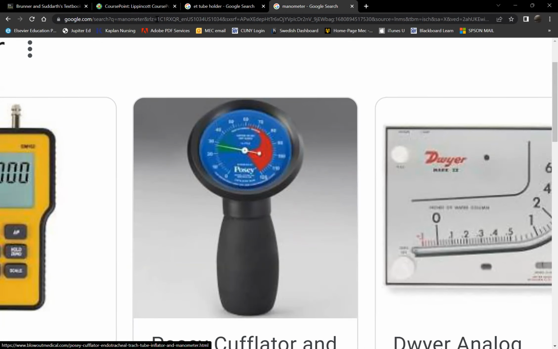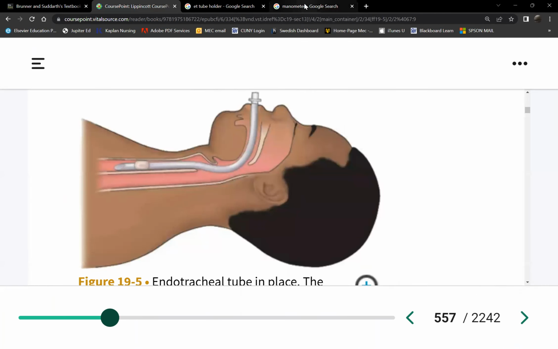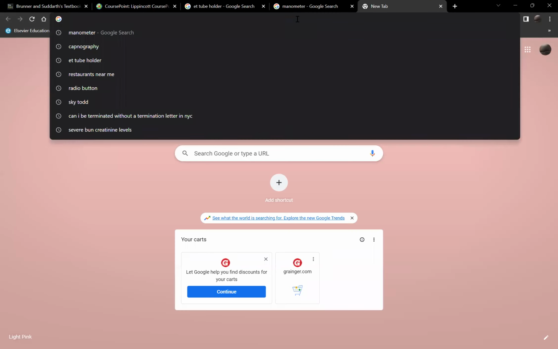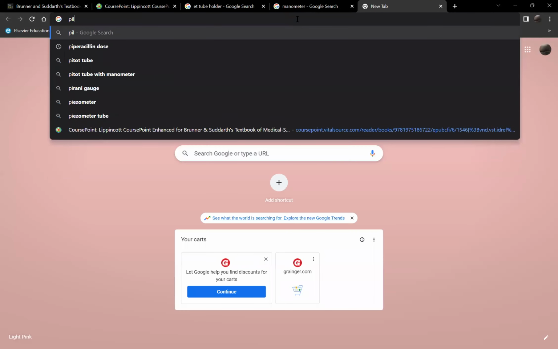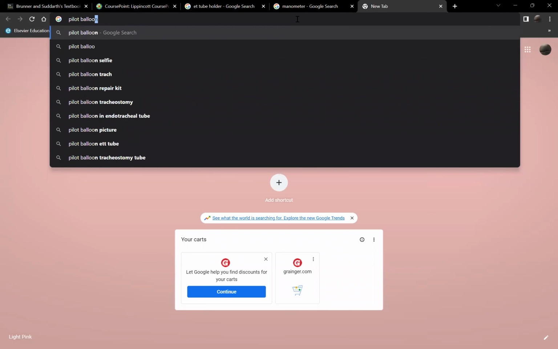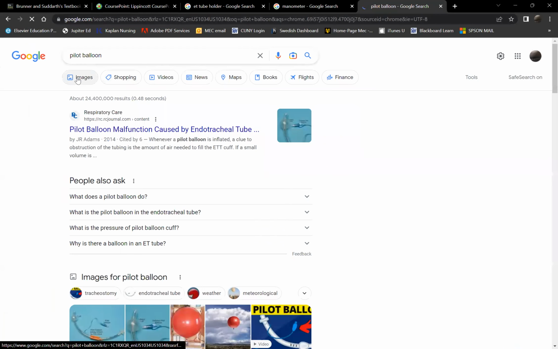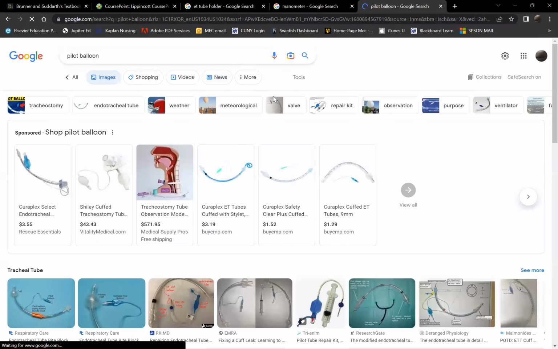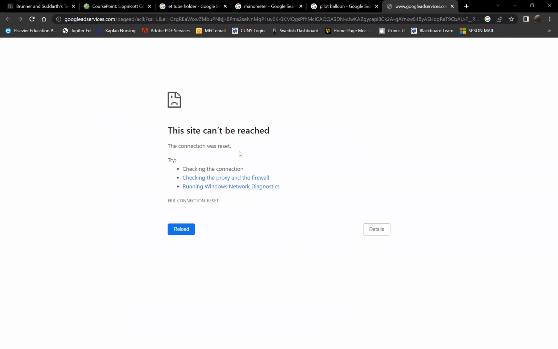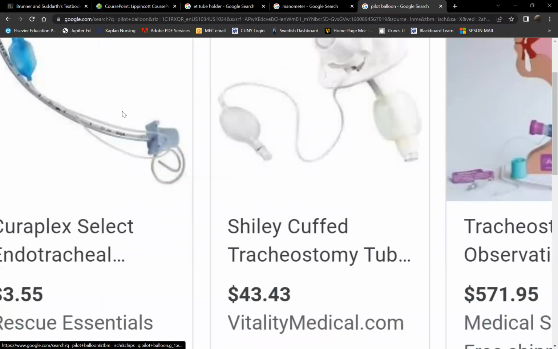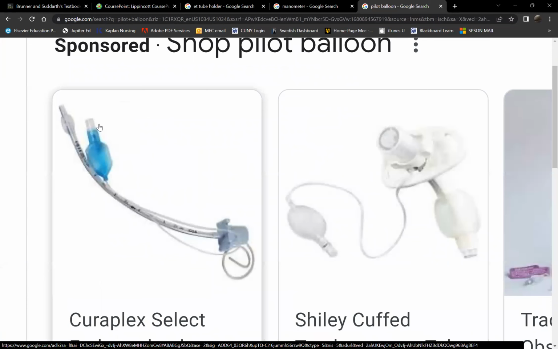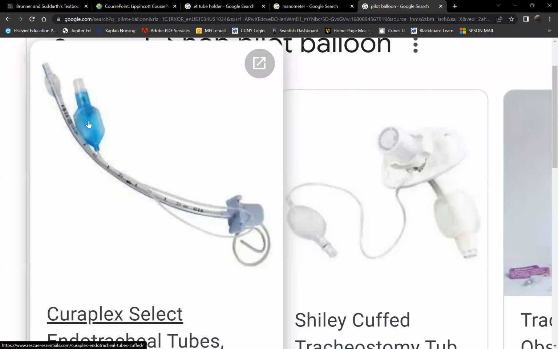This is where you attach the pilot balloon. You see this blue part here? This is called the pilot balloon.